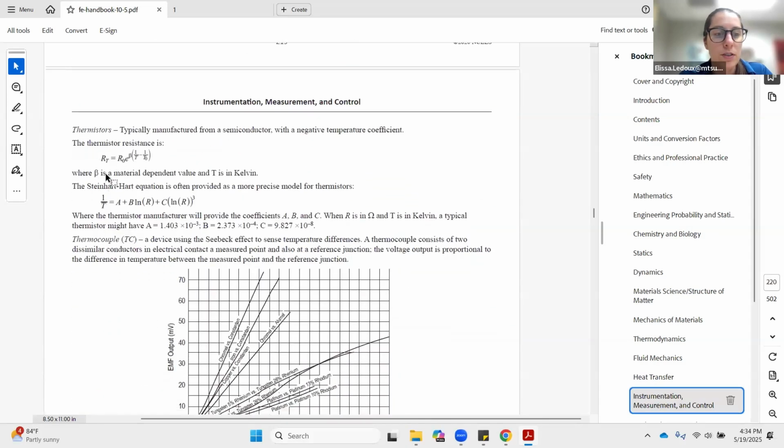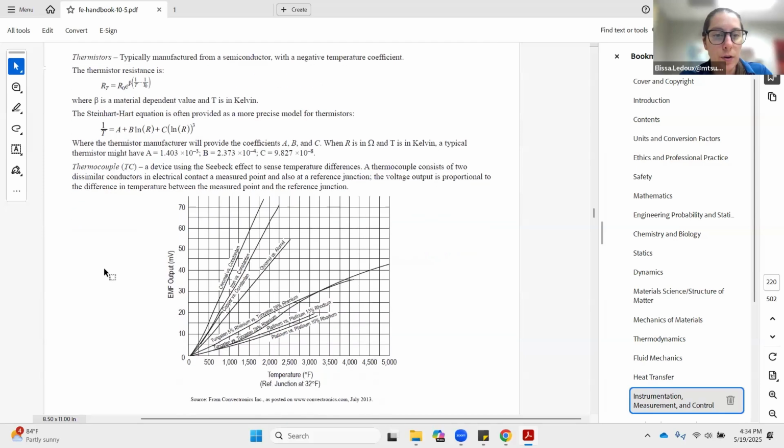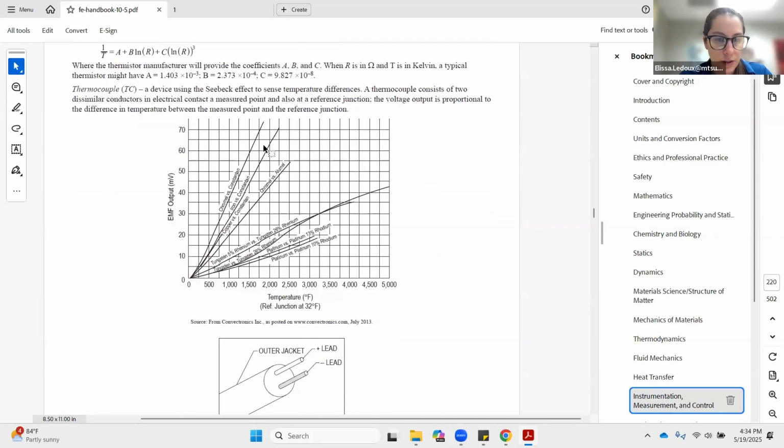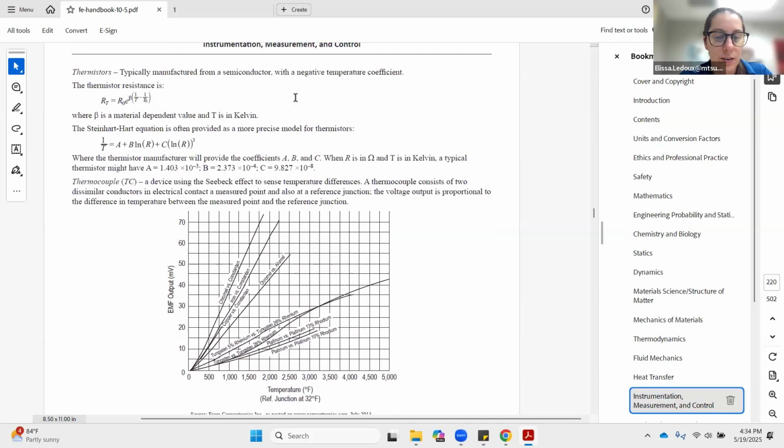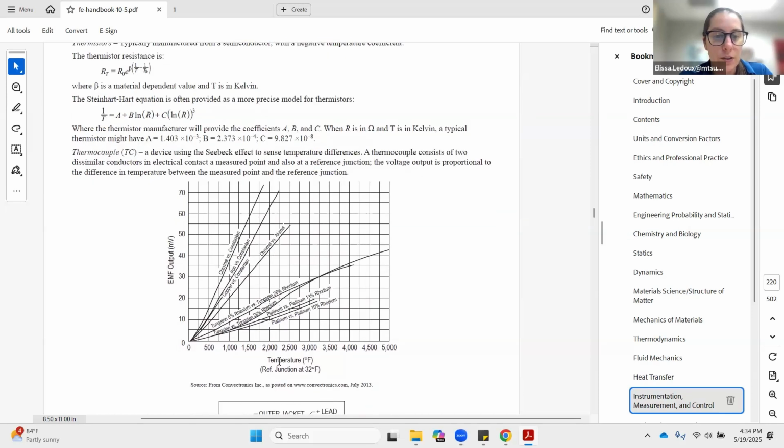So then thermistors, these have their own equation. Thermocouple, you would actually have to find on the chart. So if it gives you the temperature in degrees Fahrenheit, then knowing whatever your material is, you would follow that particular curve to the temperature in Fahrenheit, and then you would get the EMF output in millivolts.